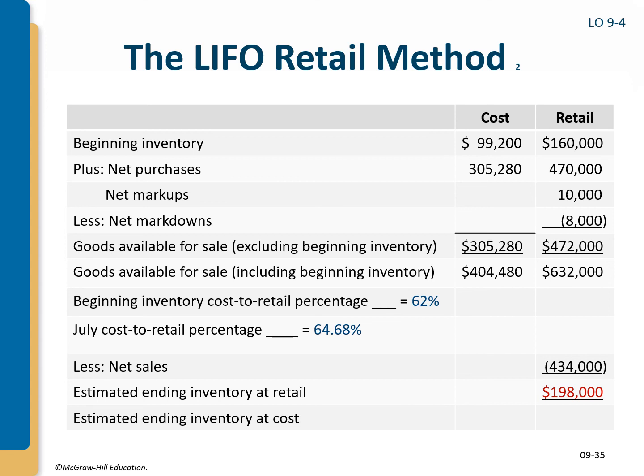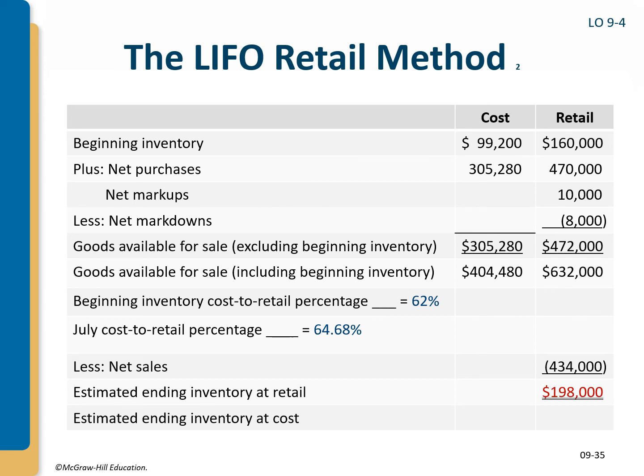So we're going to divide $305,280 by $472,000: 64.68%. So we have two separate ratios, one for last year's inventory that came over into this year, and one for this year's purchases.